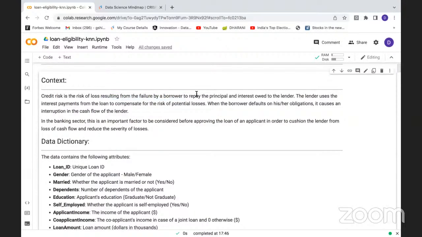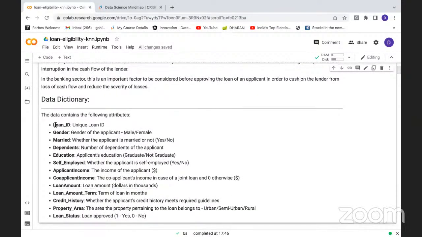The data we have collected here is the loan ID, that is the unique loan ID, which is nominal data.